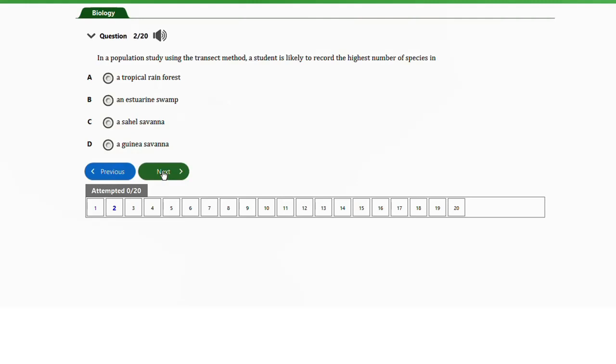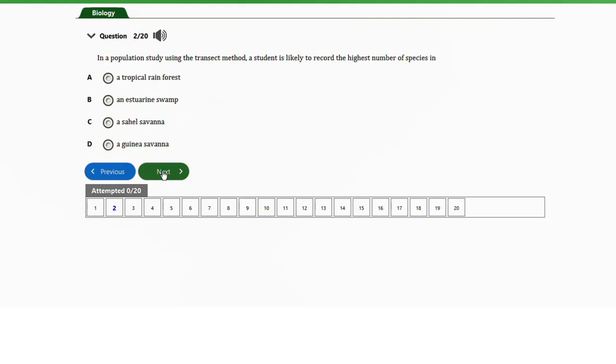In a population study using the transect method, the student is likely to record the highest number of species in a tropical rainforest because tropical rainforests are known for their high biodiversity. They actually have a large number of different species.